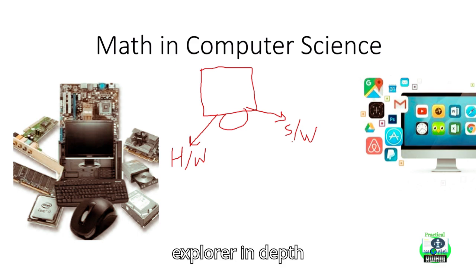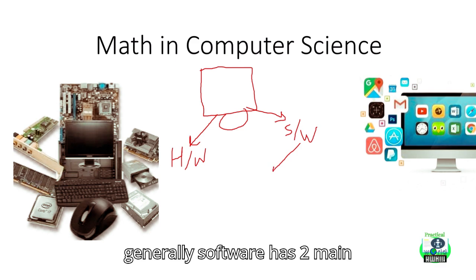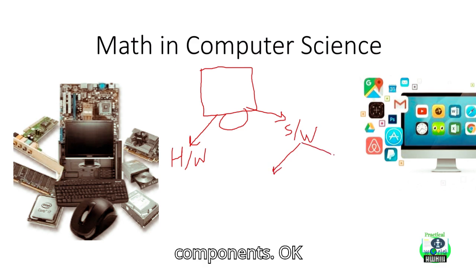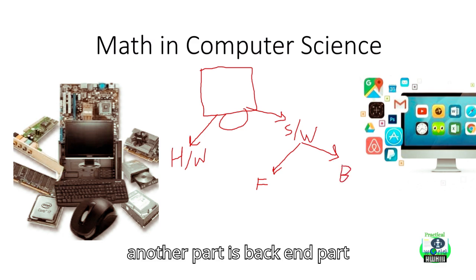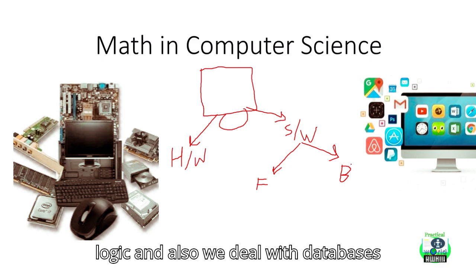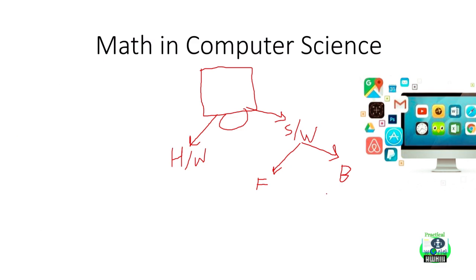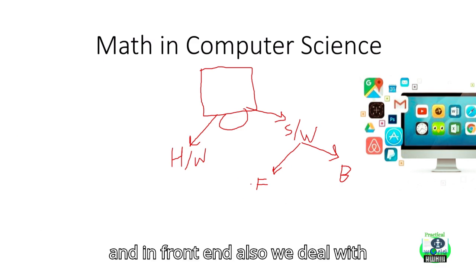Now, if we explore in depth, generally software has two main components. First is the front end part, which consists of the UI, user interface, and another part is the back end part, where we write our application logic and also deal with databases. And in the front end, we also deal with responsiveness.